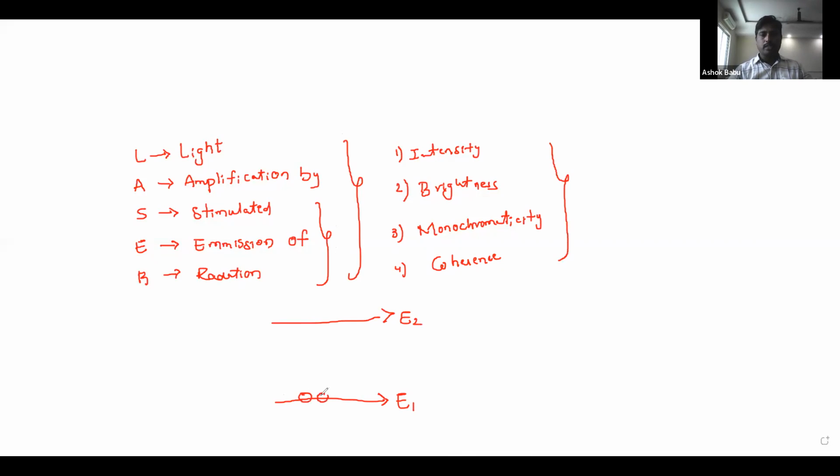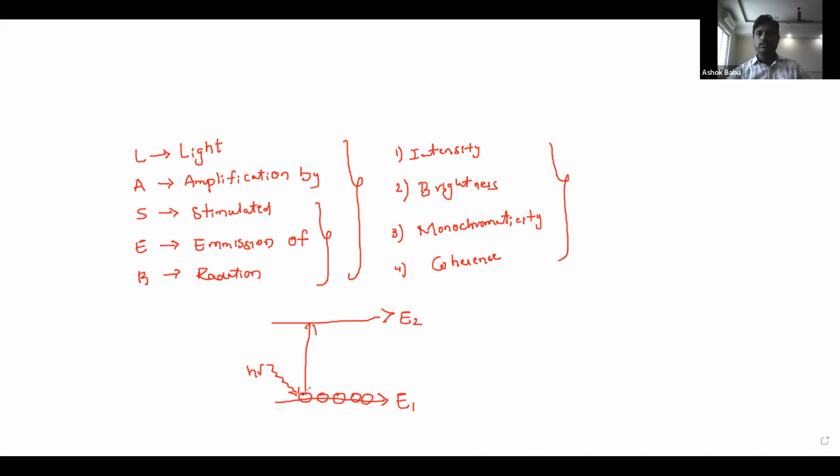Usually atoms occupy the ground state initially. When ground state atoms interact with photon energy, the photon energy is absorbed by the atom and excited to the higher energy state.